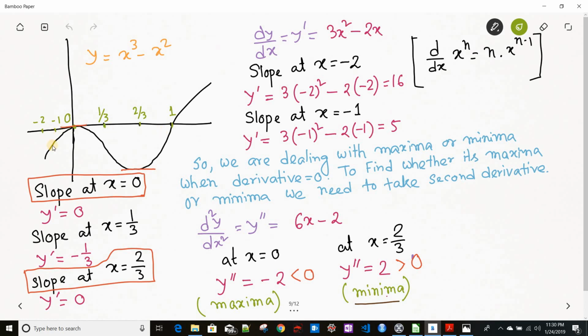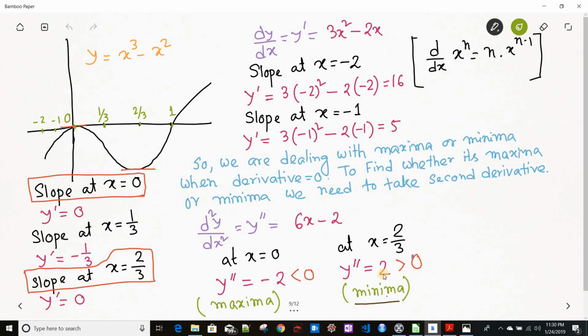So when we go from positive slope to negative slope, there is a high chance that we will find a maximum, and at that time our second derivative will be a negative value. And when we go from negative slope to positive slope, there's a high chance that we'll get a minima, and at that time our second derivative will be greater than 0.